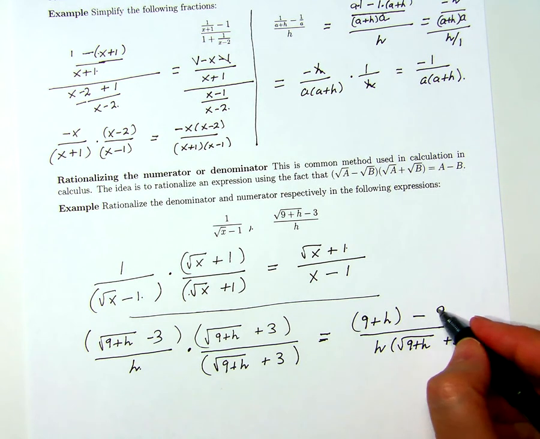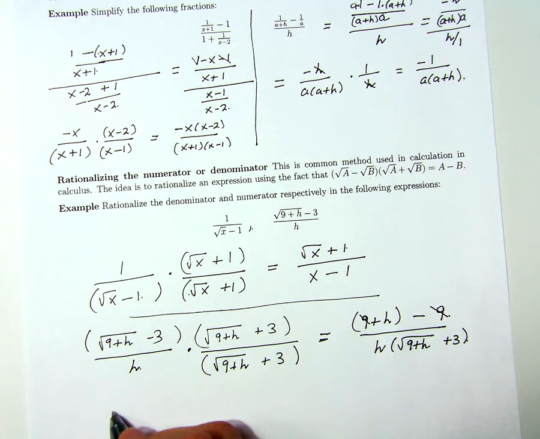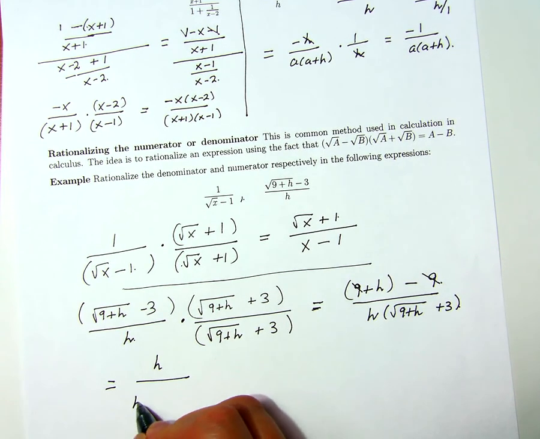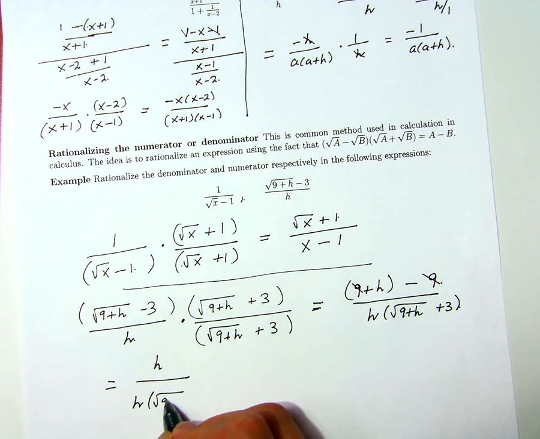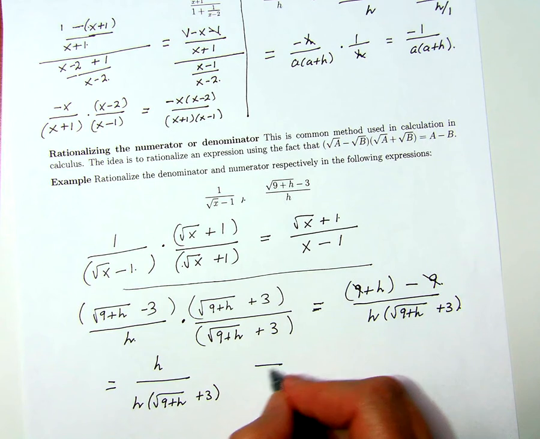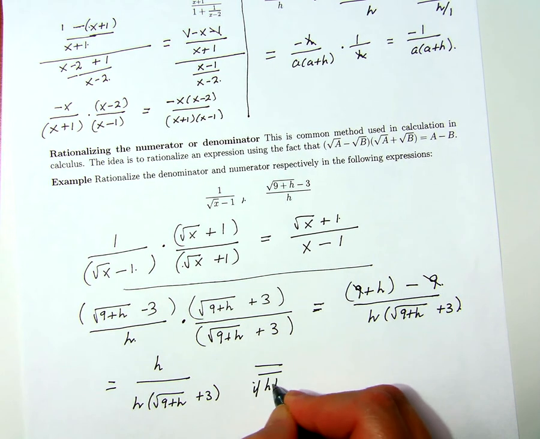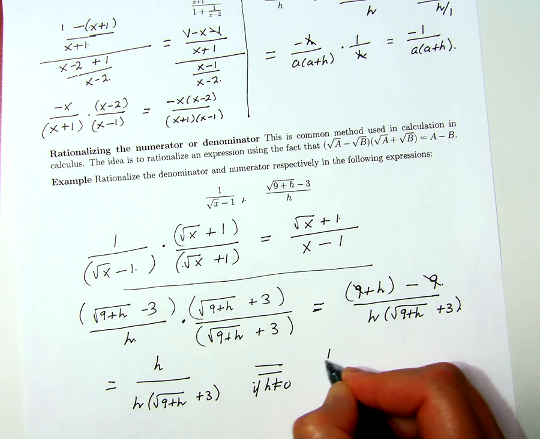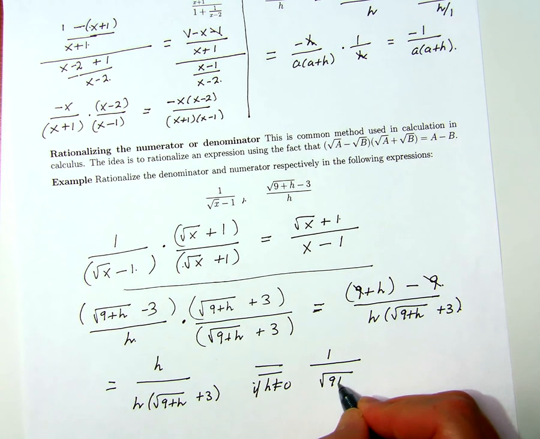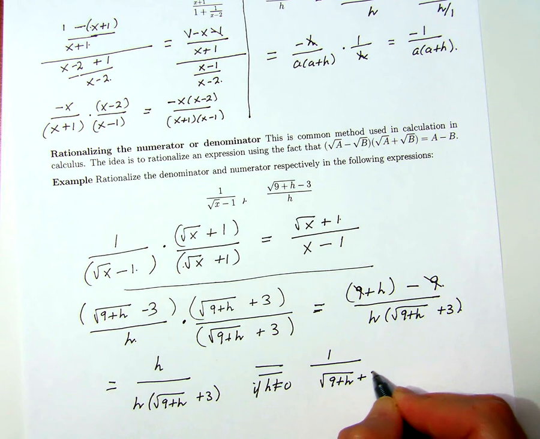Now you see these 9's cancel, and this is very simple. This is h over h times the square root of 9 plus h plus 3, and now if h is not equal to 0, the h's cancel, it's 1 over the square root of 9 plus h plus 3.